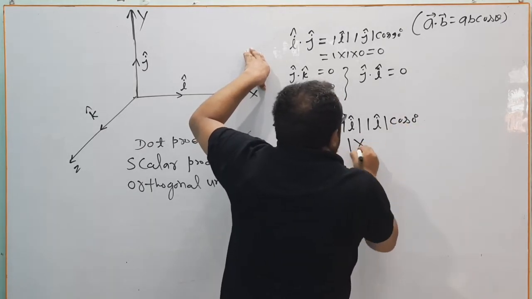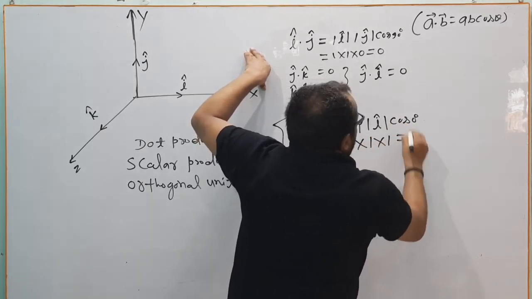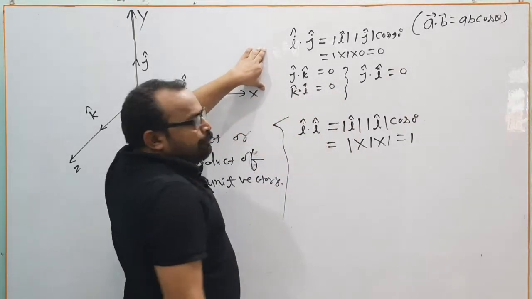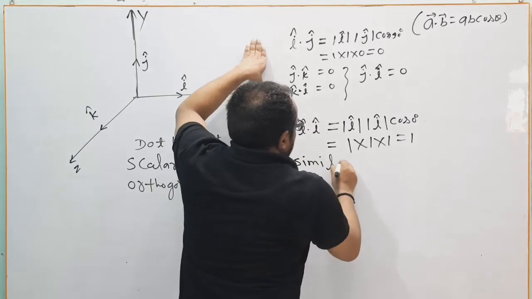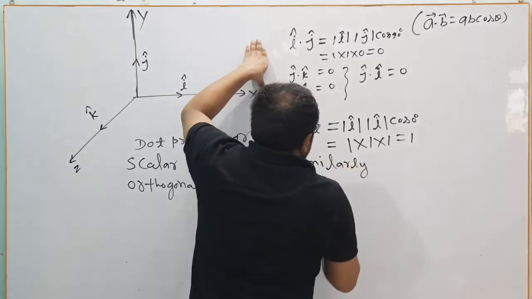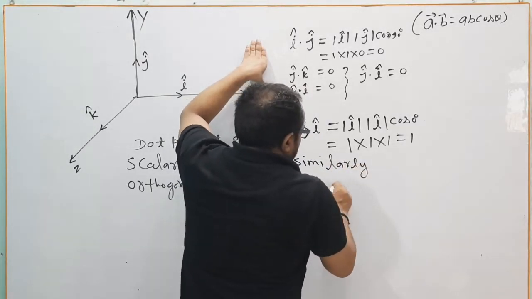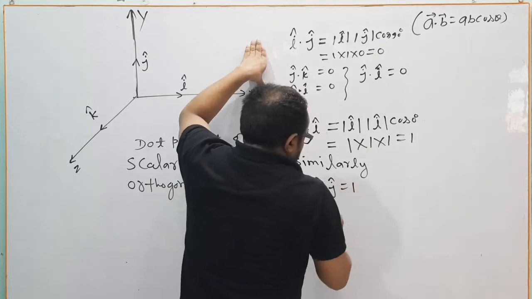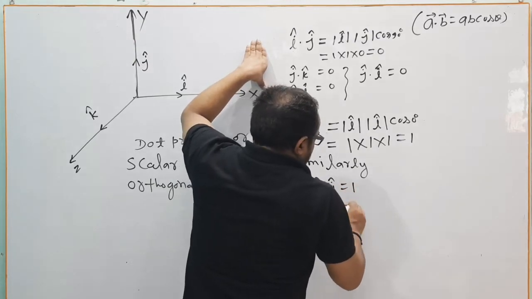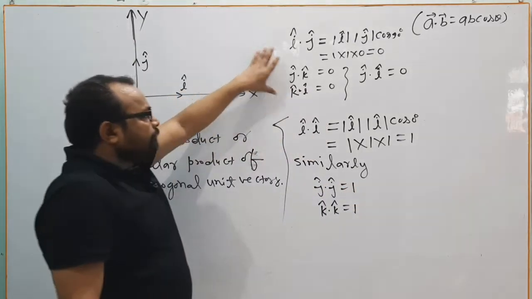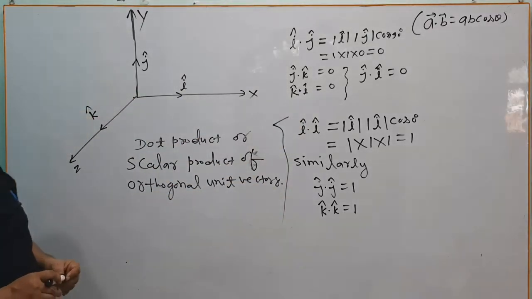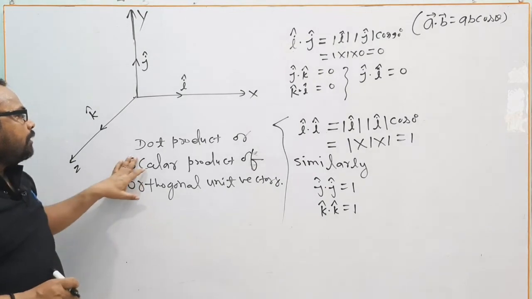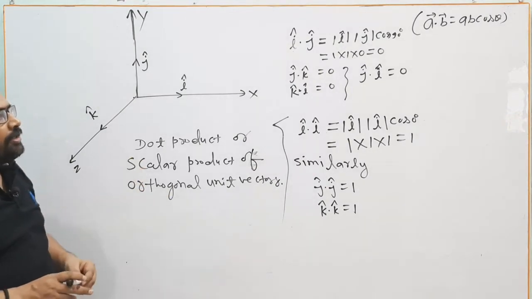It will be 1 into 1 into 1, which is 1. Similarly, j dot j is equal to 1 and k dot k is equal to 1. This is the dot product or scalar product of orthogonal unit vectors.